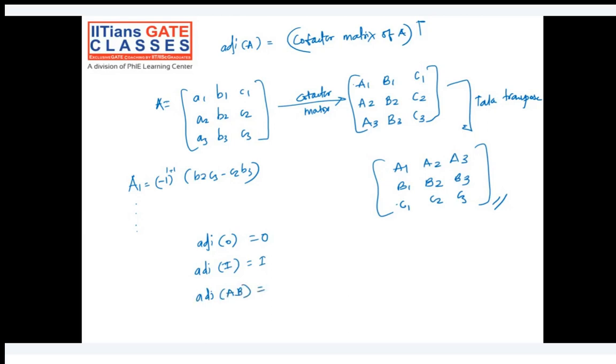It's adjoint of B and adjoint of A. Perfect. So these are some of the properties of the adjoint which you should know. Please let me know once you are done with this slide.